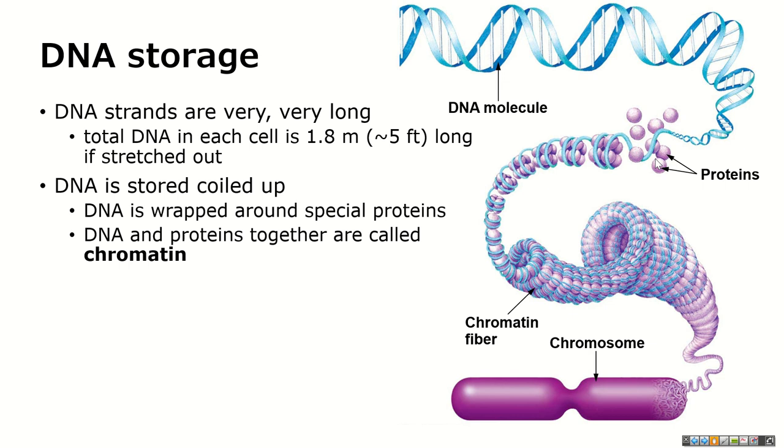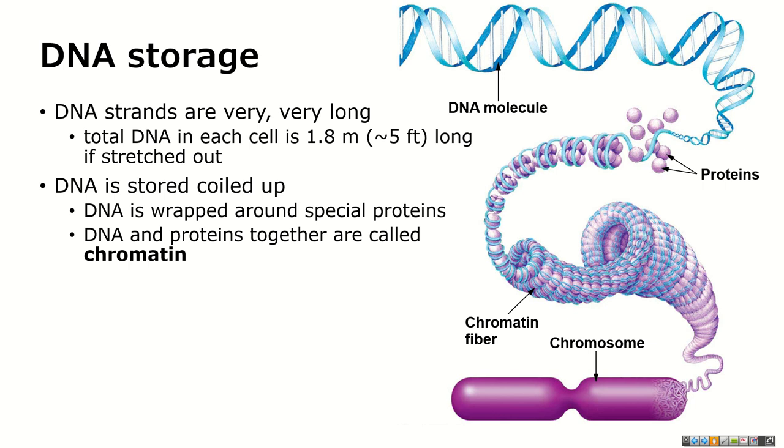And the DNA plus the proteins is called a substance called chromatin, okay? So each chromosome is a big, long strand of DNA wrapped up around proteins. So the chromosome is made out of chromatin, and the chromatin is the DNA and all the proteins that keep the DNA organized. Okay, so we got chromosome made up of chromatin, made up of DNA and proteins.